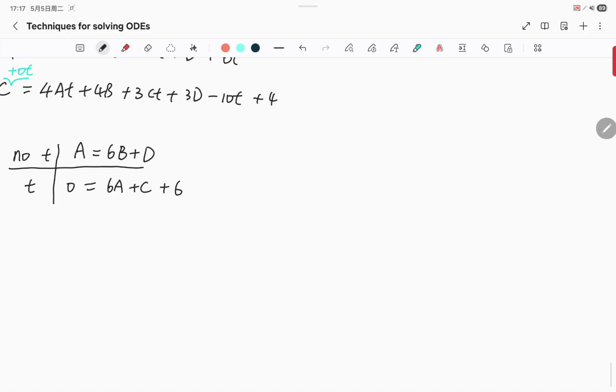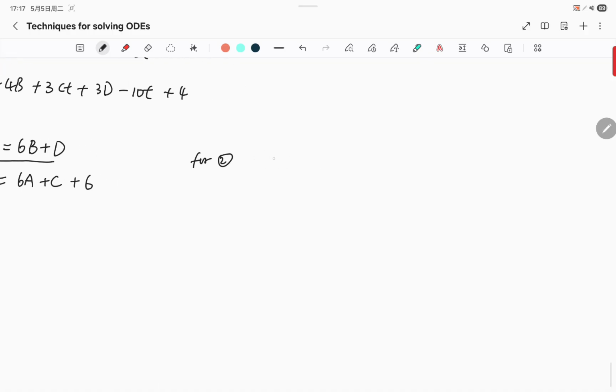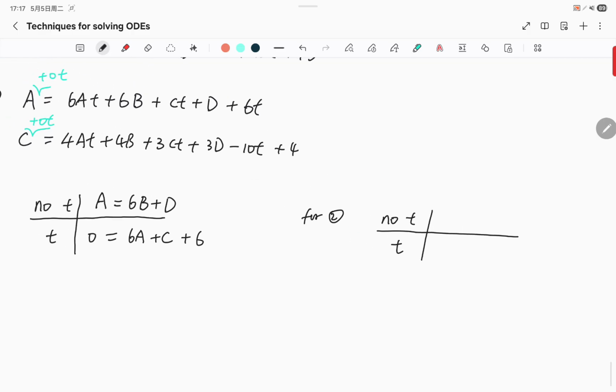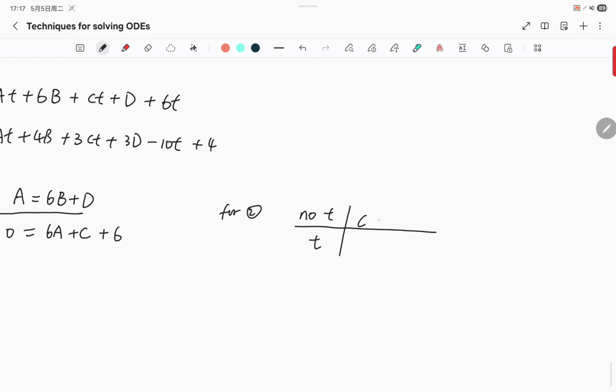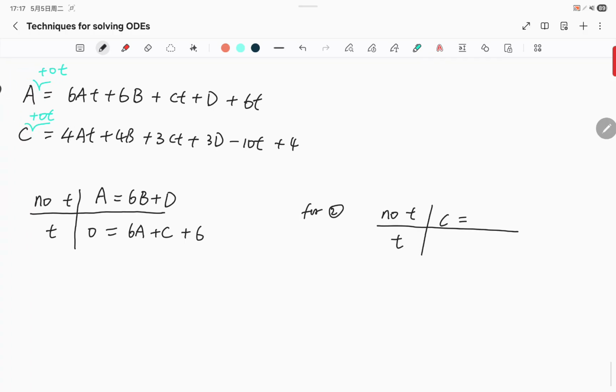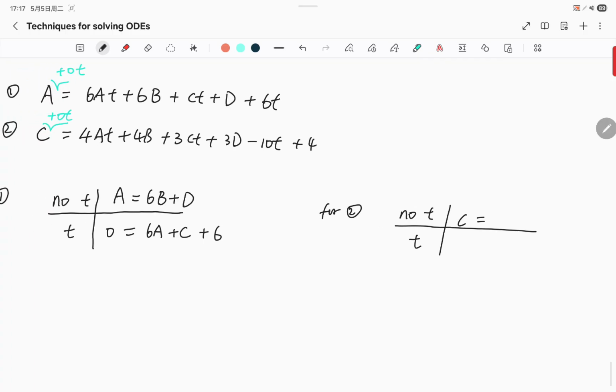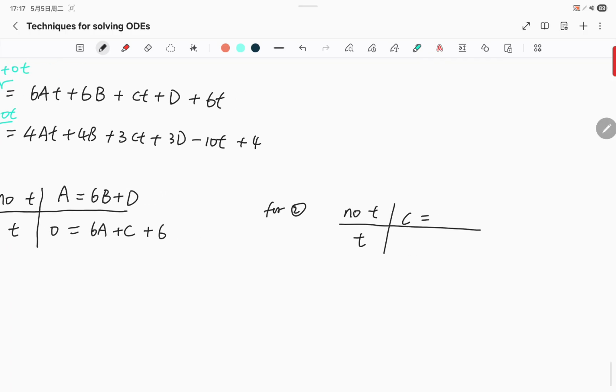Okay, and for row 2, again, we have no t and t. With no t, c is equal to 4b plus 3d plus 4.